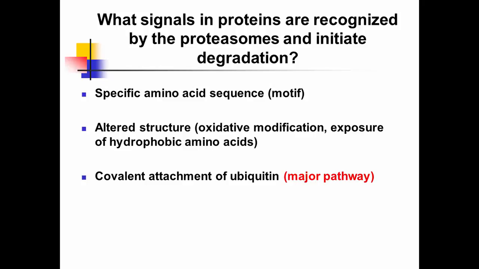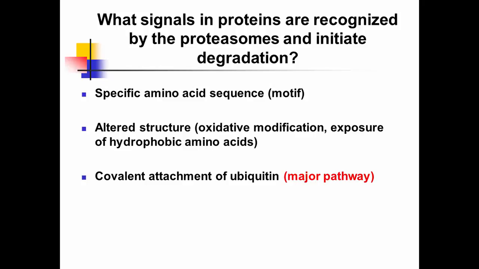And also, this actually is a very important pathway that's called ubiquitin. It's a major pathway that regulates the protein degradation by proteasome. So that means the ubiquitin needs to attach specifically to certain proteins, and only the protein that has the ubiquitin attached can be recognized by proteasome and degraded by proteasome, right?